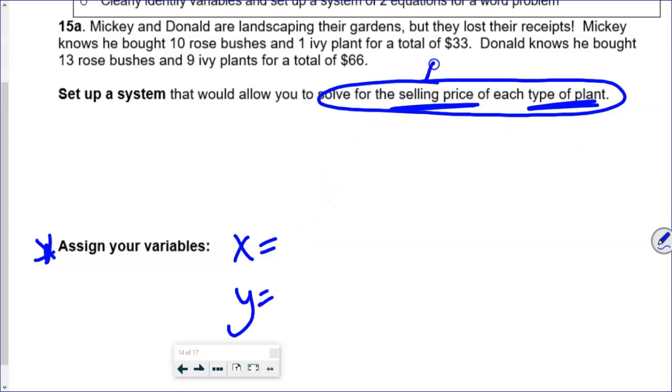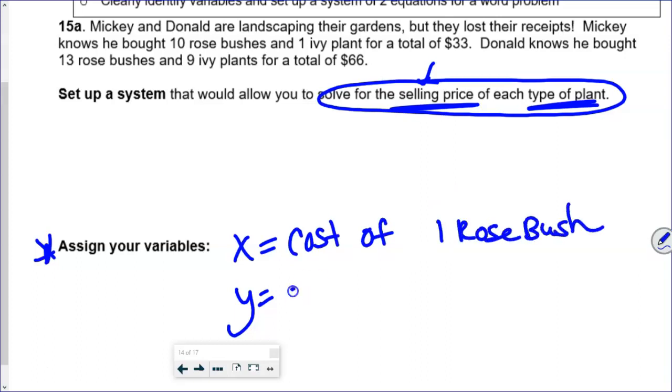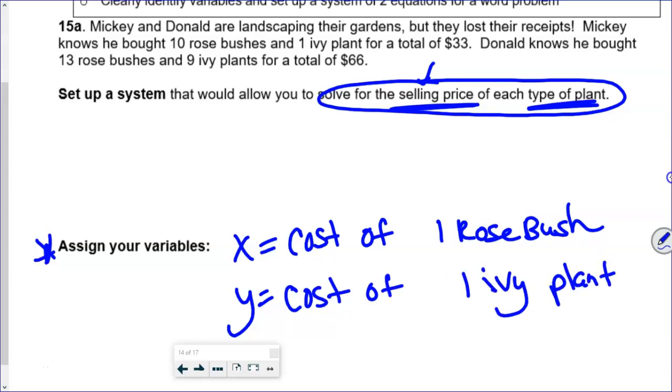So remember, the selling price is what we don't know. So you can say x is the cost of one rose bush, and y is the cost of one ivy plant. Make sure you're very specifically and accurately telling me what those variables represent.